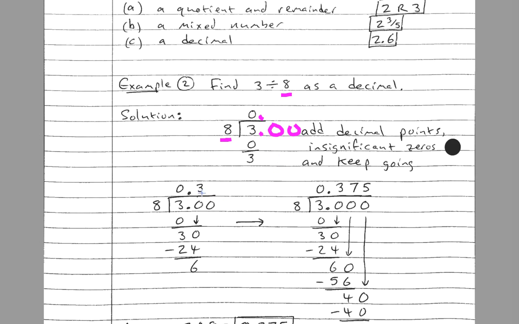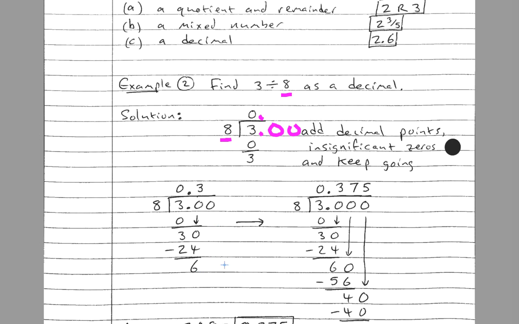As usual, keeping track of decimal points is one of the key things. So bring down that 0. We have 30. 8 goes into 30 3 times. 3 times 8 is 24. Subtract that 24, we're left with 6. 6 isn't 0, so we have to keep going.